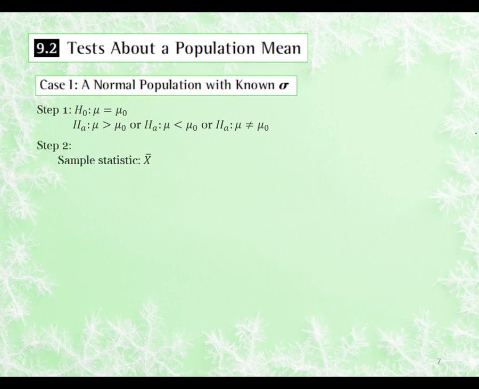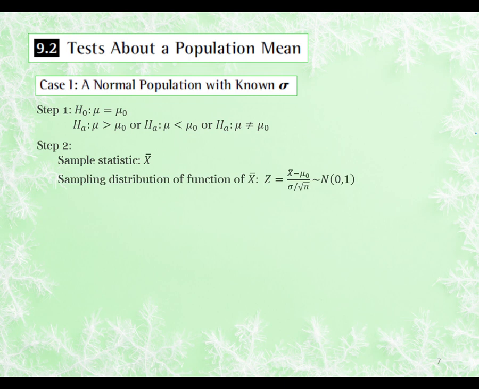Now, step 2 is to look at a sample statistic. So commonly, when we do tests for the population mean, we just use the sample mean as the basis for that test. Now, if we have the sample mean, we know the distribution of the sample mean.